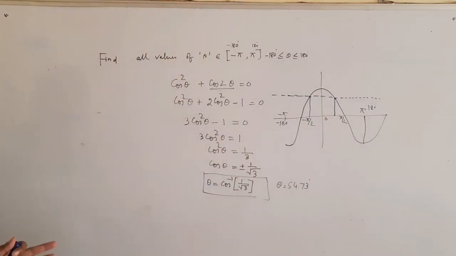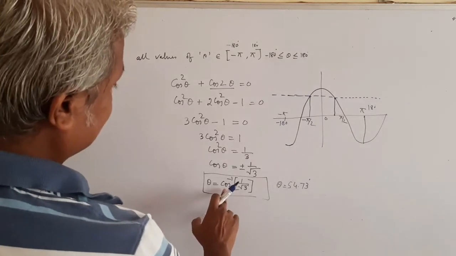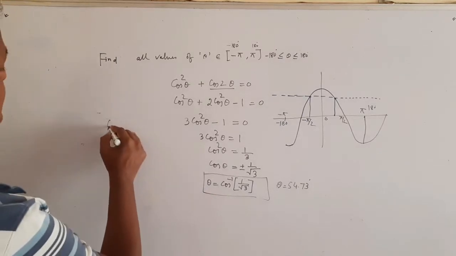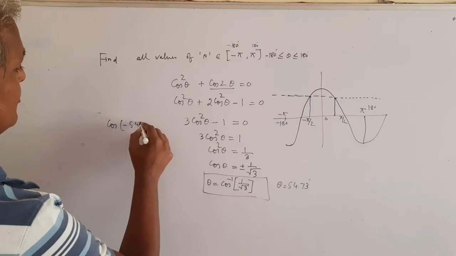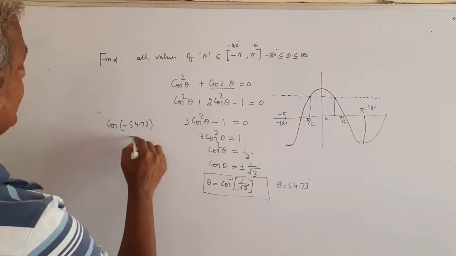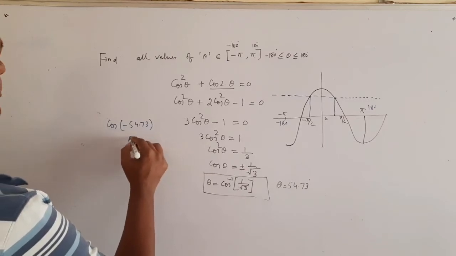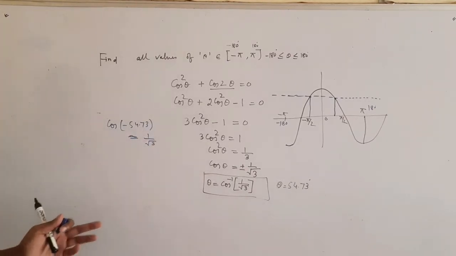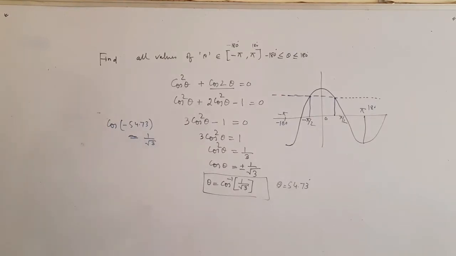That is also correct, because cos of minus 54.73 will also be close to 1 over root 3. So this is how you can solve for the value of theta. This is for this question.